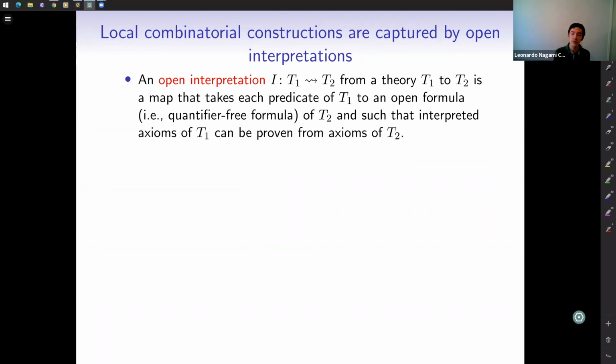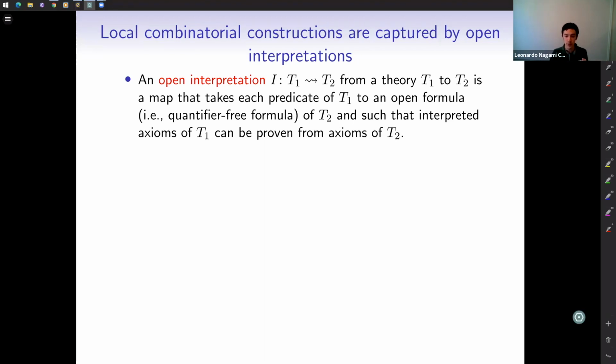An open interpretation from a theory T1 to a theory T2 is a function that maps each predicate of T1 to a formula in T2. And this formula is required to not have any quantifier. And also this map needs to satisfy the following property. Every axiom of T1, once I apply the map to it, becomes a theorem of T2. That is, T2 can prove that that thing is true. Now, this is kind of encoding a local combinatorial construction.